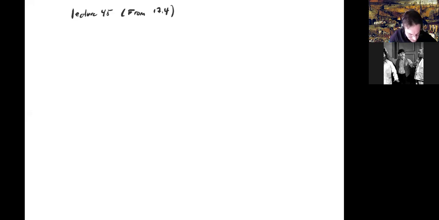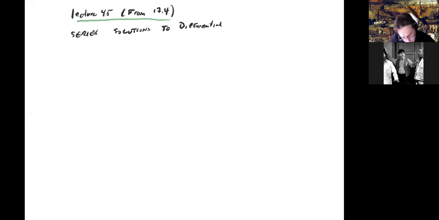Okay, so this is about series solutions to differential equations. So let's start off with an example that we can actually solve if we wanted to by separating variables, but I want to illustrate the method.